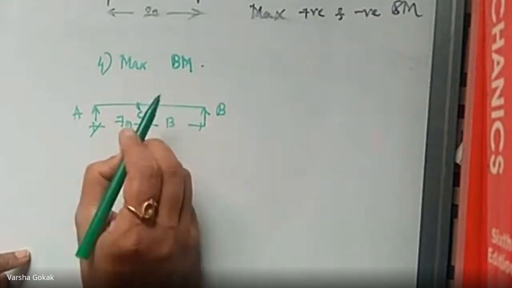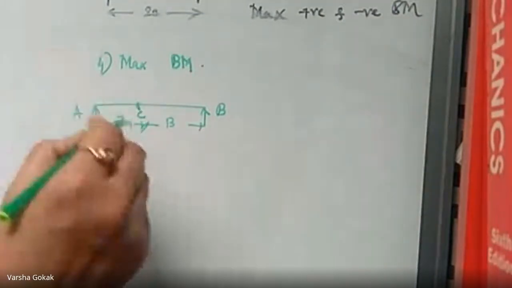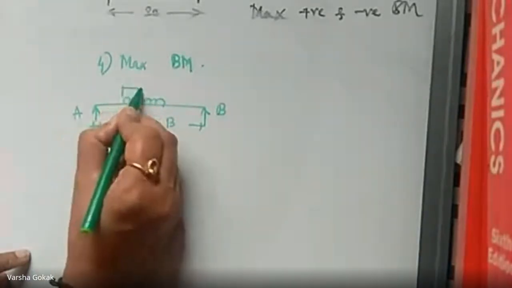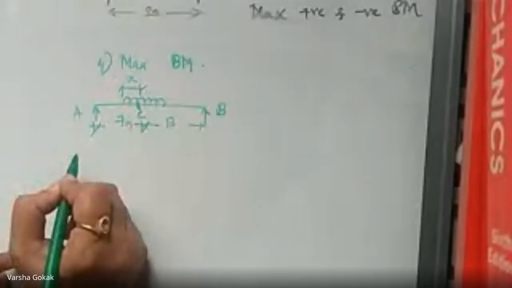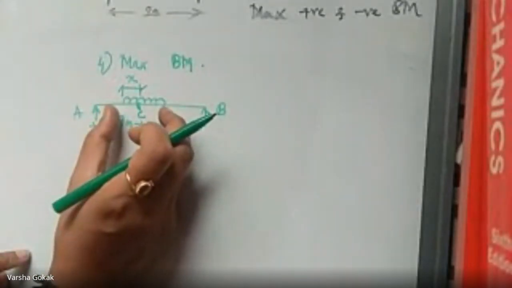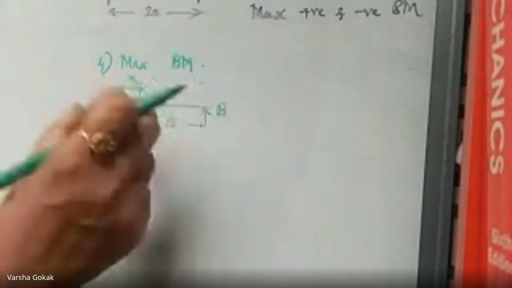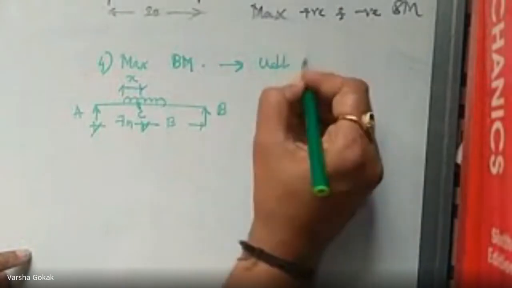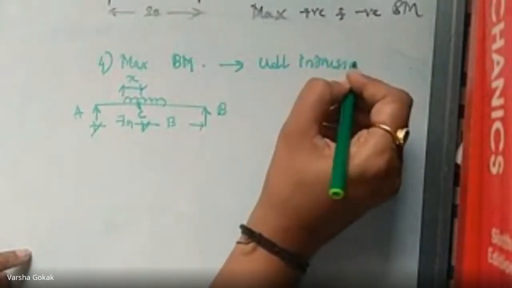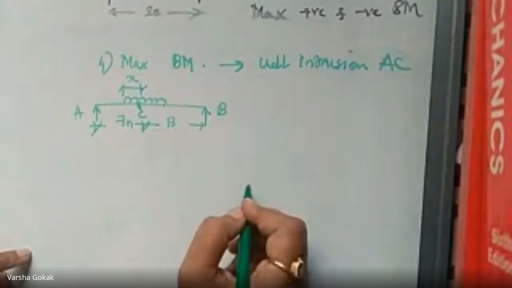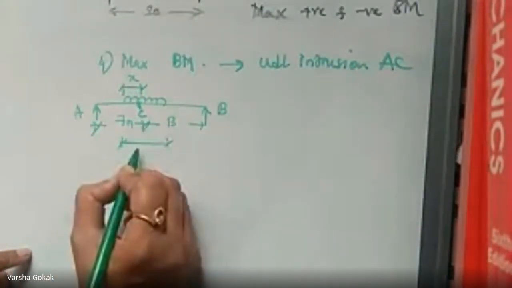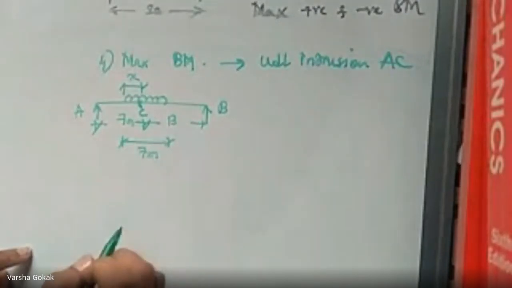Now I will place the UDL such that it looks like this. And this distance, I'll call it X. I will place the UDL on C, which is entering into AC. So there is UDL intrusion in distance AC. I know that the total length of the UDL is also 7 meters.